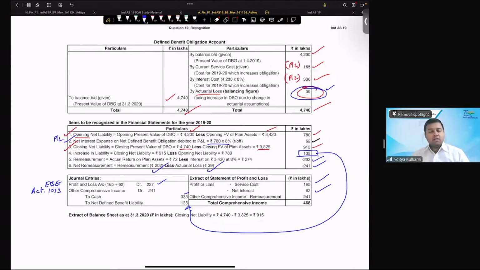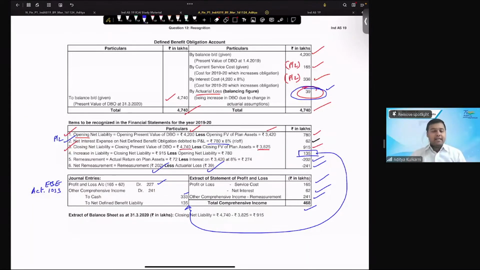Both of these go to the P&L under employee benefit expenses, and a remeasurement loss of 241, which will be in your OCI. And from there, that will go directly to your reserves as remeasurement reserve, a debit balance under other equity of 241, giving the total comprehensive income hit as 468.